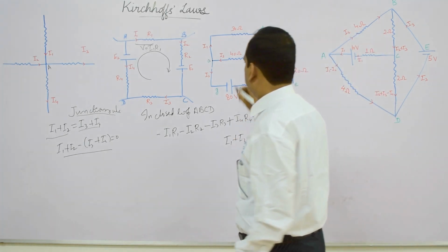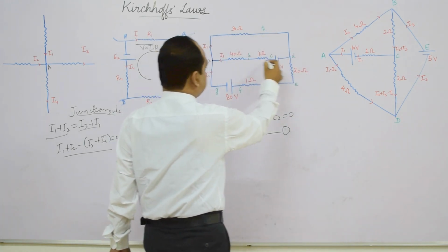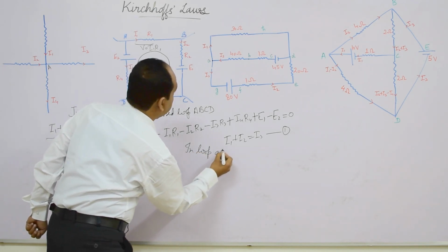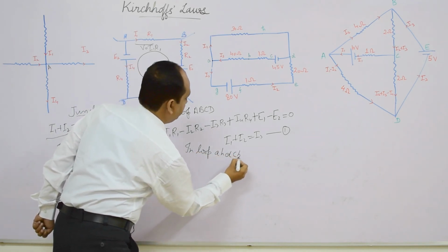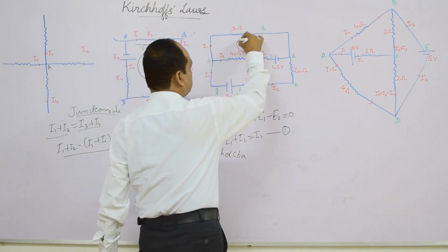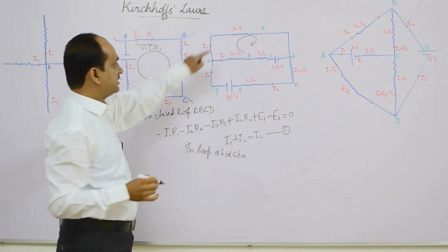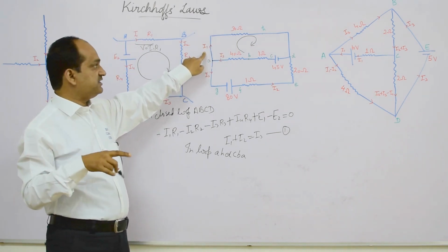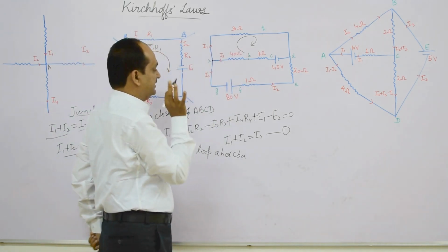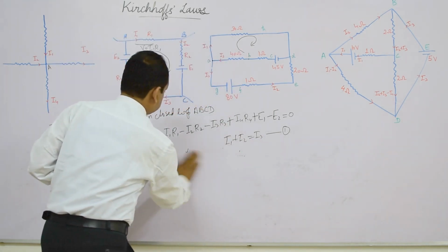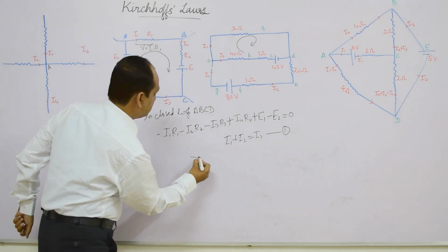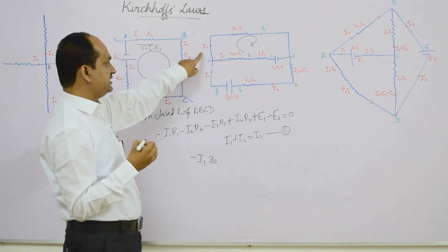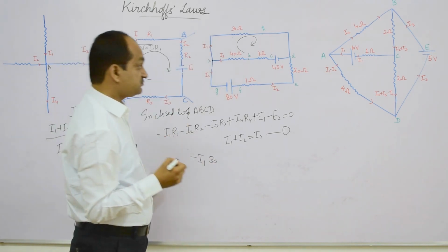Now we will select the loop A, H, D, C, B, A. Just move clockwise. In this resistance the current is I1 and it is in the clockwise direction, so its potential will be minus: minus I1 into 30, because the direction of current is clockwise.